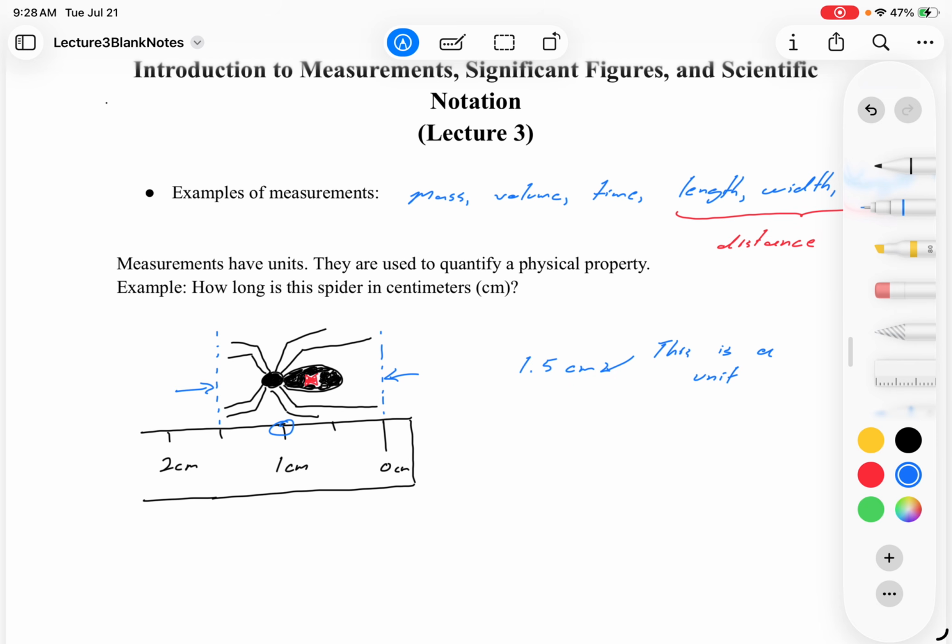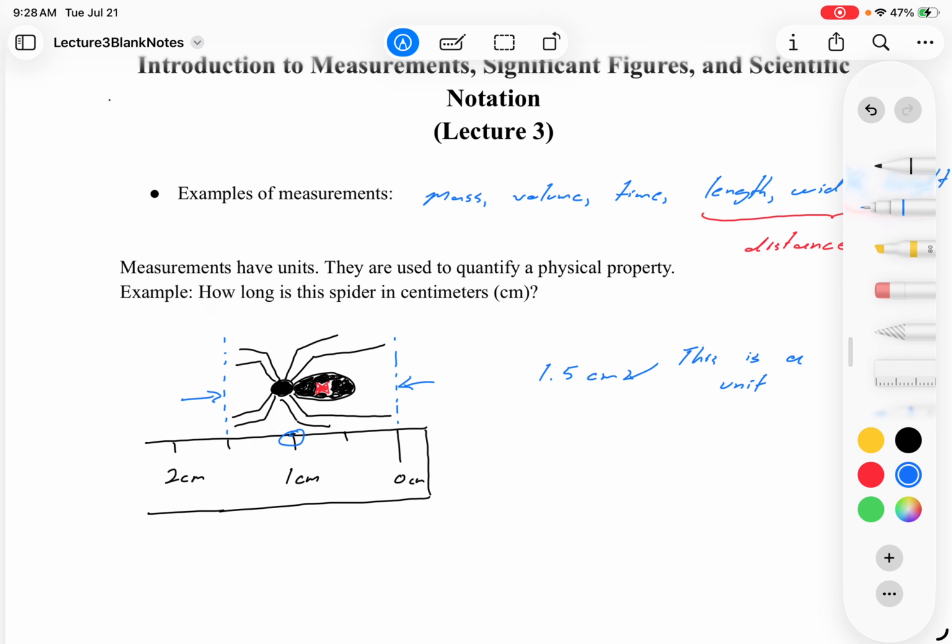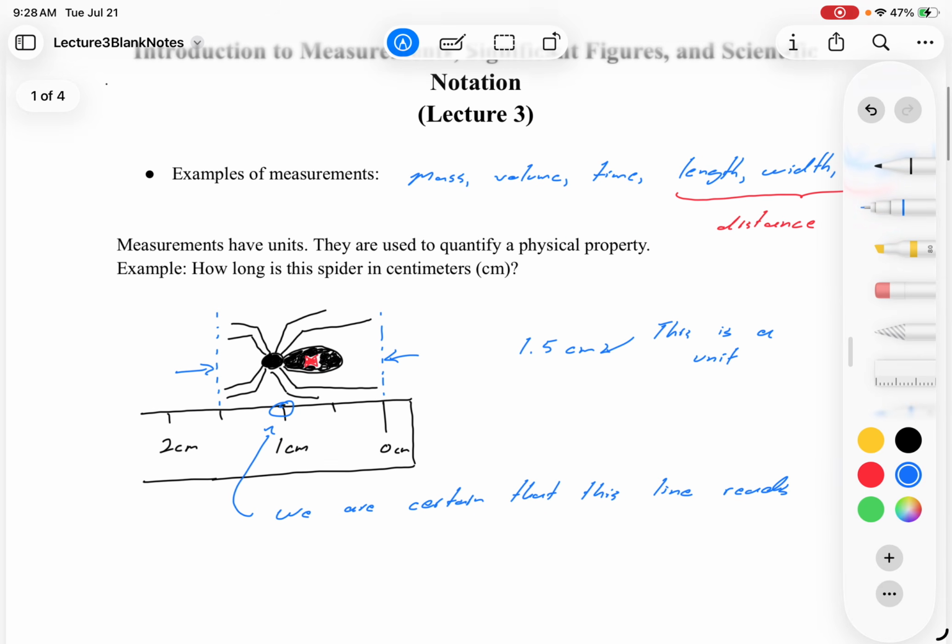Let me go ahead and write this down. We are certain that this line reads 1 centimeter.